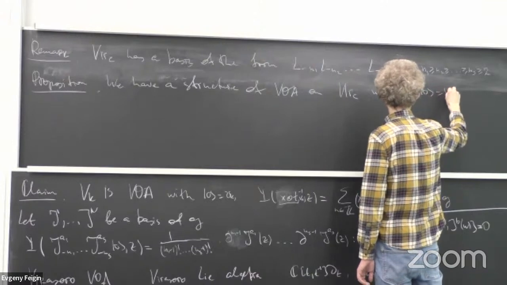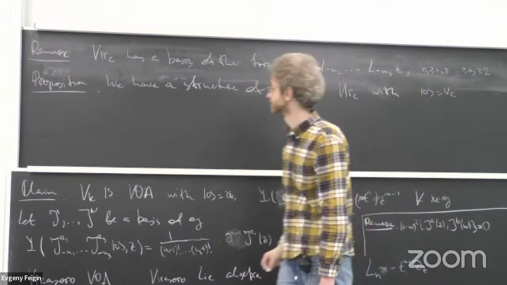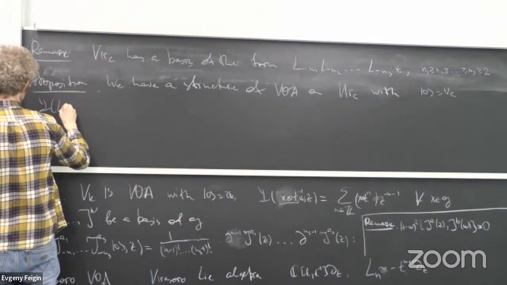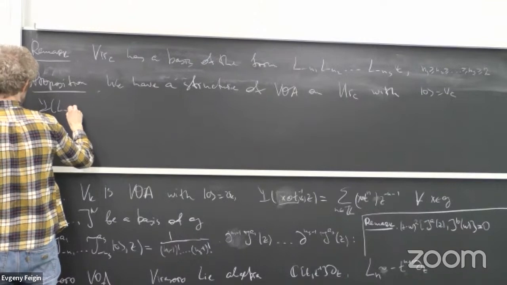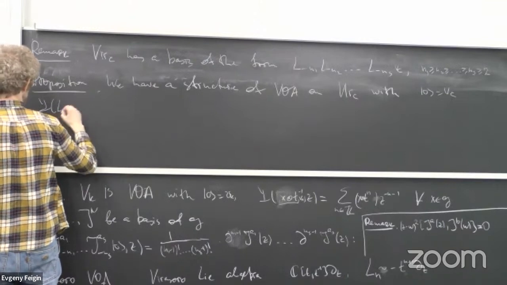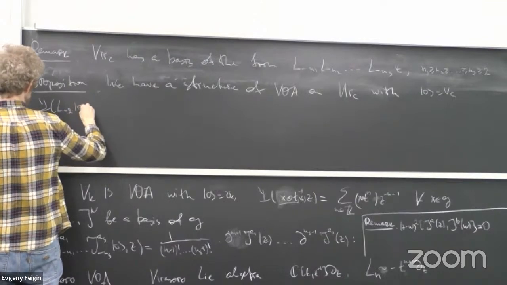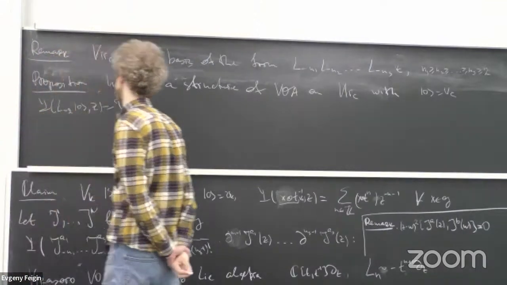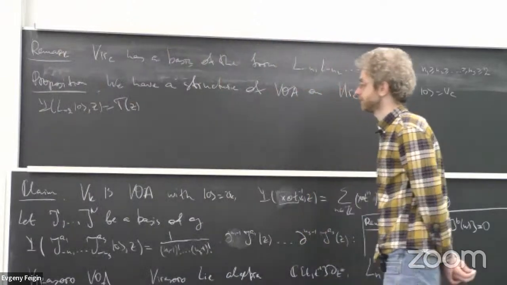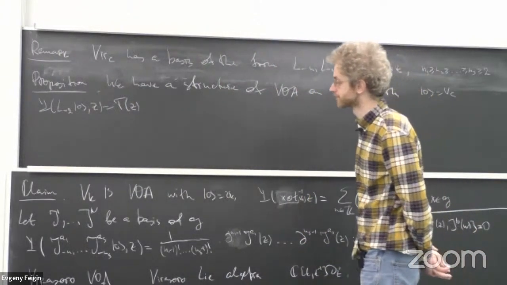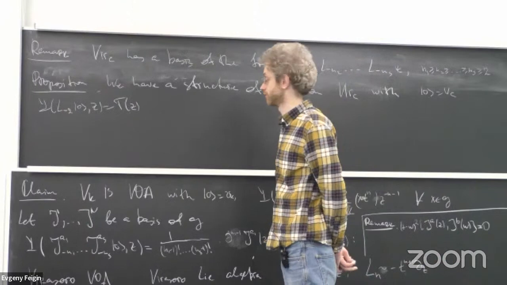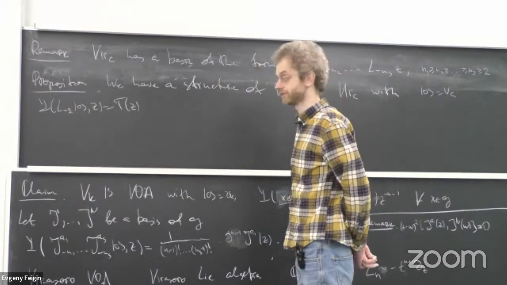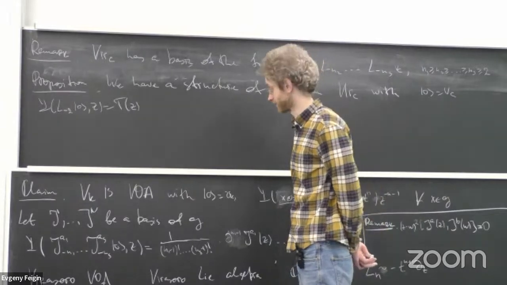The vacuum is our vector, and Y of L minus 2 times the vacuum, Z is T of Z. So you see this vector actually is of degree 2. So L minus 2 of Z is of degree 2, the only vector. And this is the field T of Z, which corresponds to this vector.